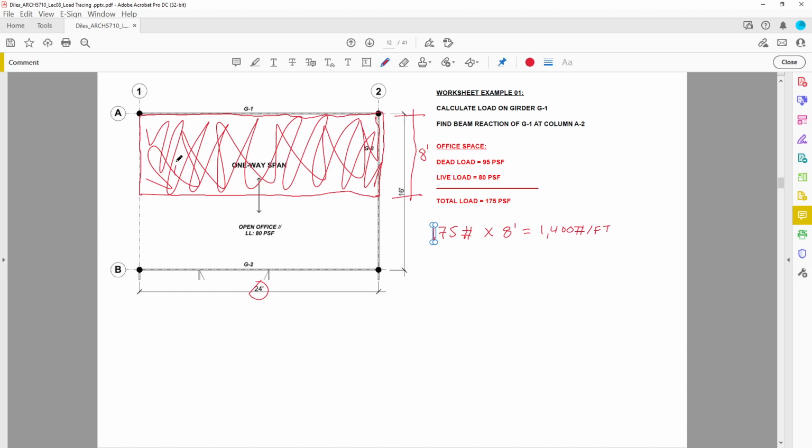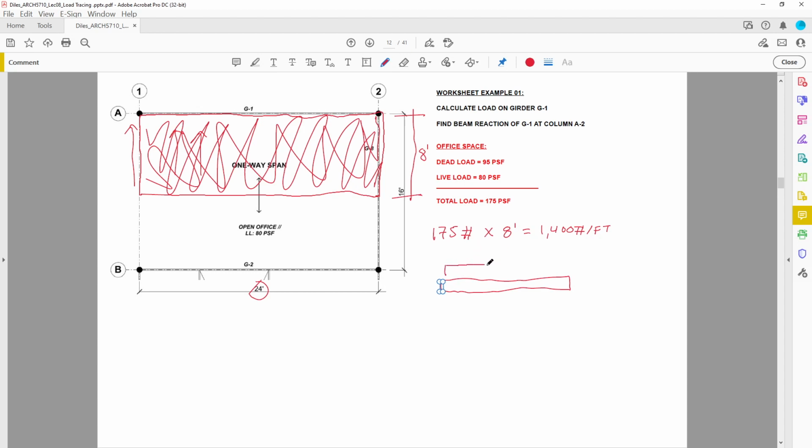And we know that the loads are going in this direction. So if we sketch a free body diagram for G1, it's going to look something like this.